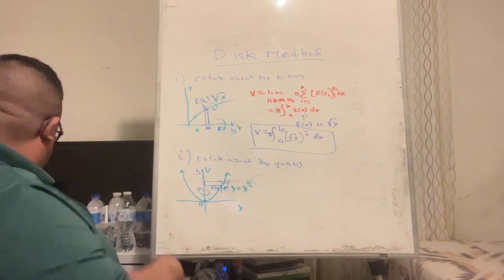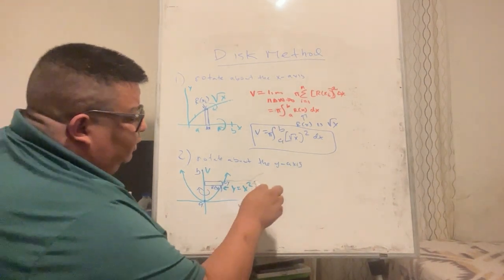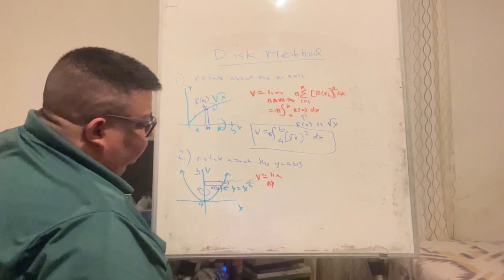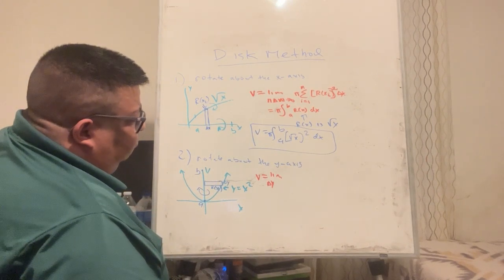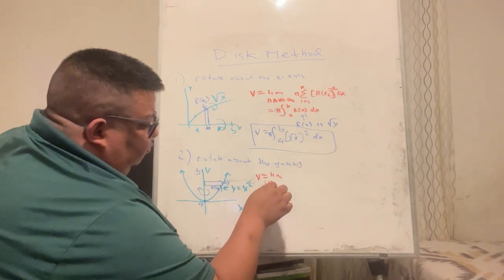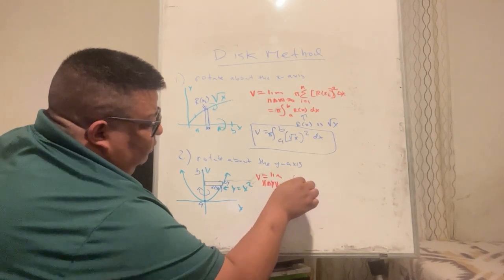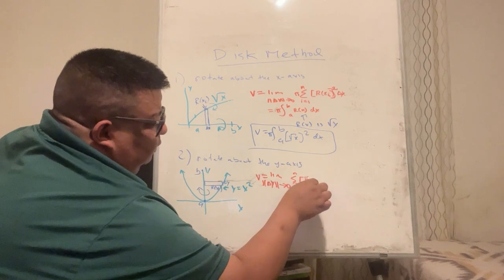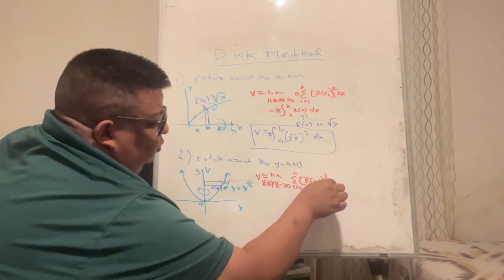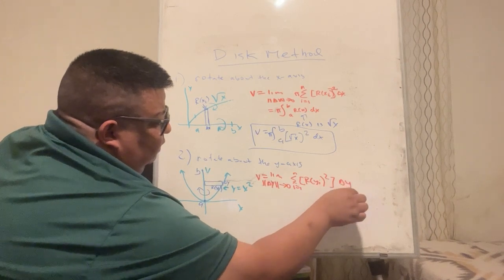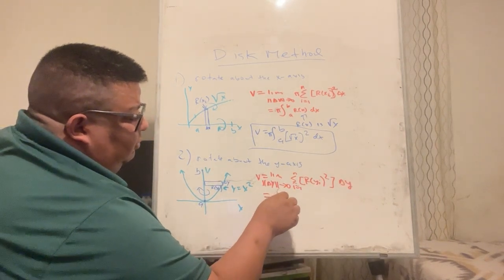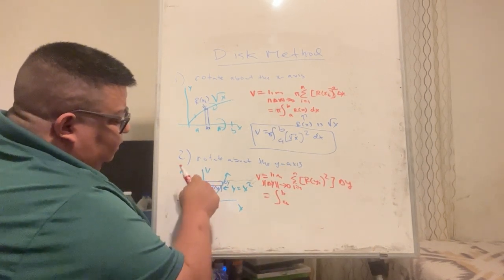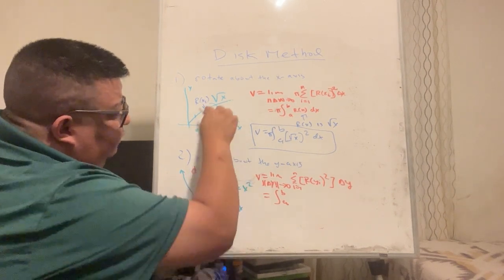Okay, so the volume would be the limit as delta y approaches 0 of the sum from i equals 1 to n of R(yi) squared delta y, and of course that is equal in integral form from a to b, or we can call it from c to d to make a difference.